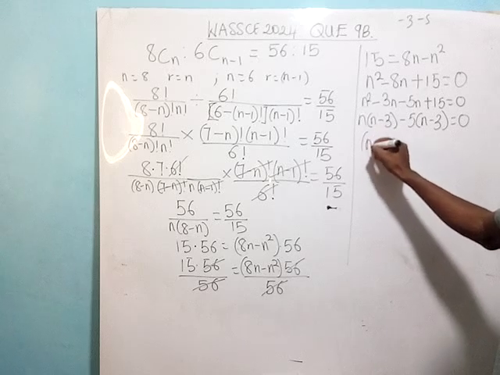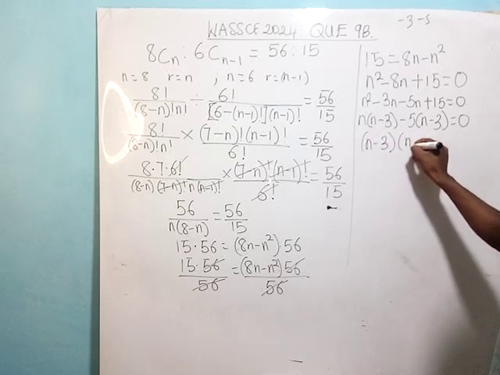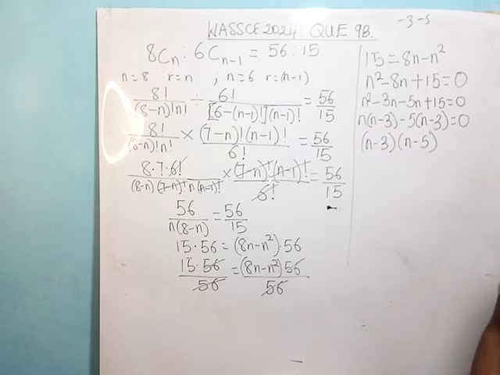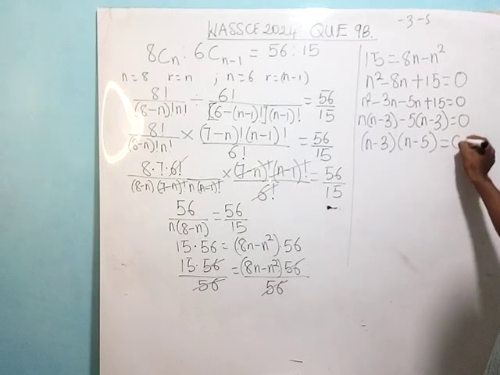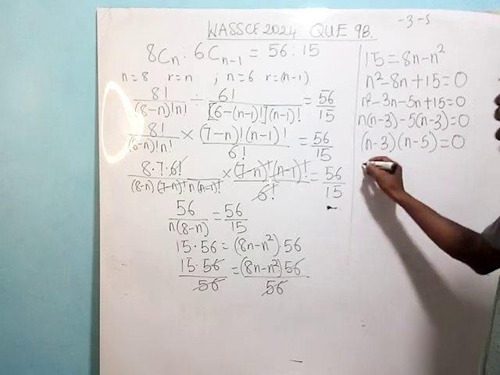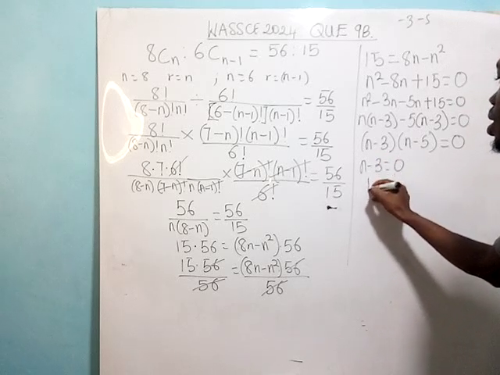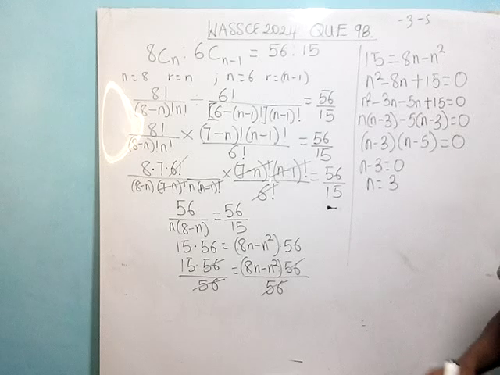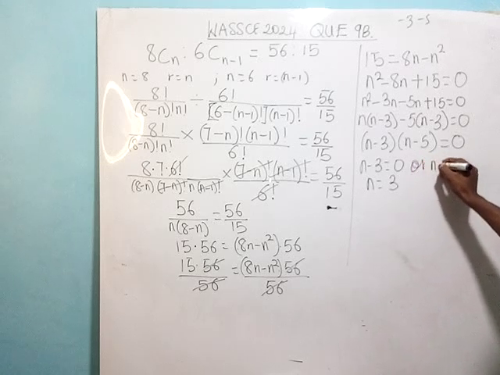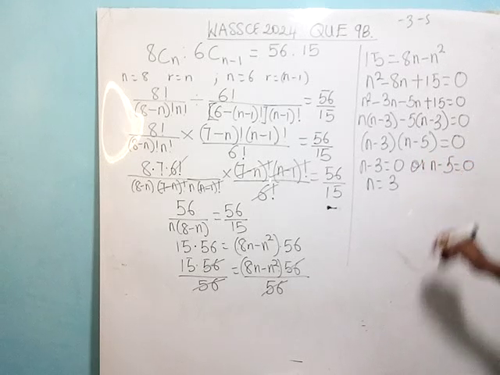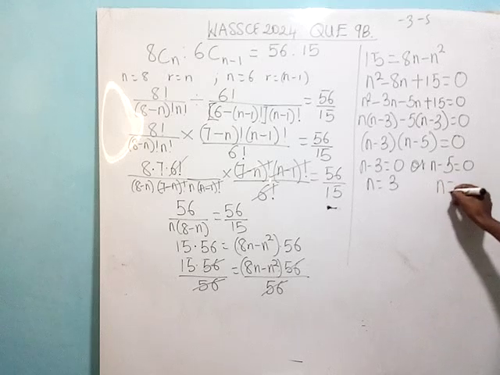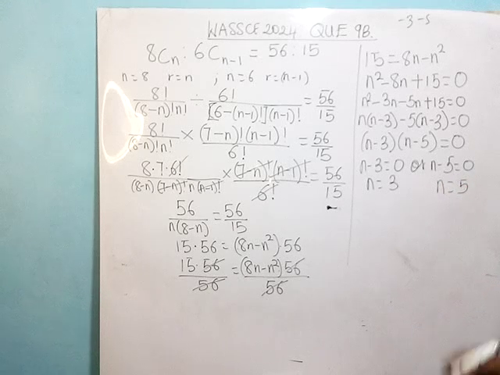Then we have n minus 3 here, n minus 5, giving us 0. Followed by now, n minus 3 is equal to 0. So your n is equal to 3, or n minus 5 is equal to 0. Your n is equal to 5.